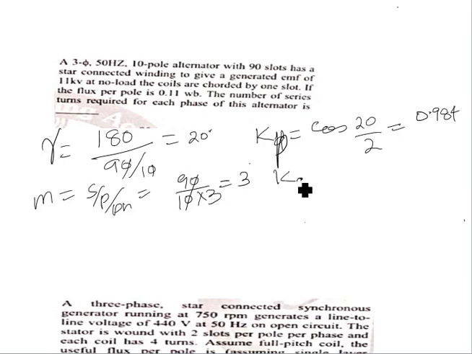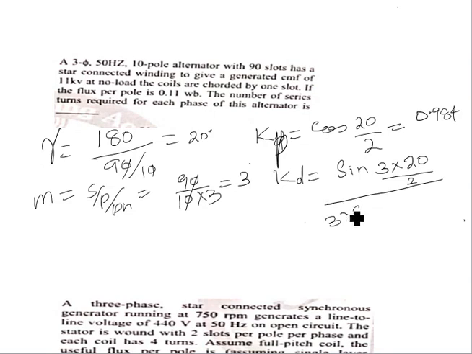And kd will be sine m gamma by 2 divided by m sine gamma by 2.